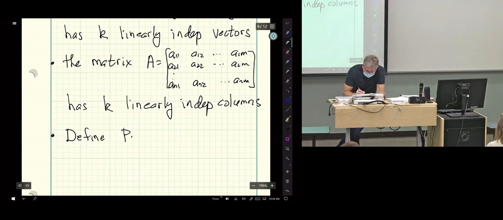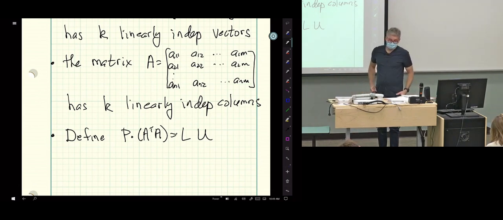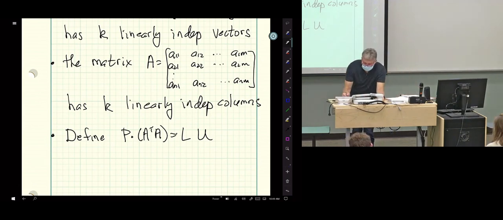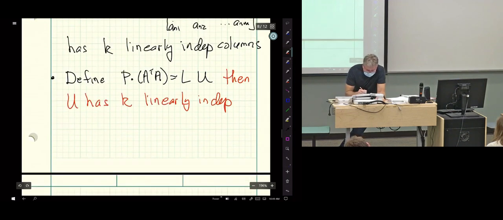Next thing, we do an LU factorization of A transpose times A. Okay, so similar to checking linear independence, we're going to count this time. Then U has k linearly independent columns.